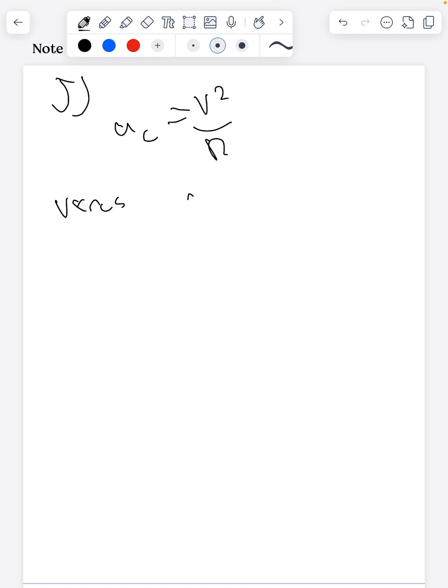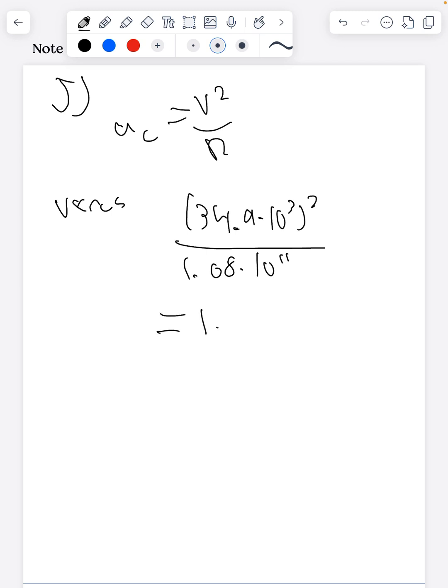That equals 34.9 times 10 to the power of 3, squared, over 1.08 times 10 to the power of 11. That'll equal 1.13 times 10 to the negative 2 meters per second squared. That's for Venus.